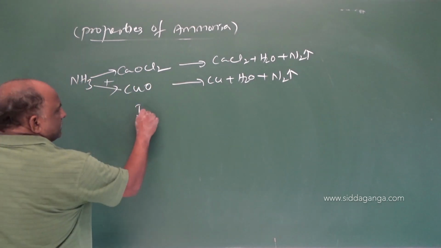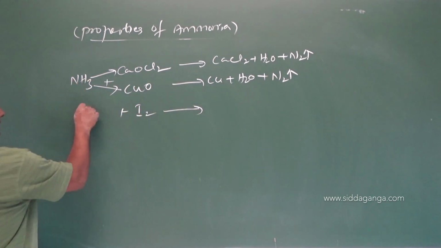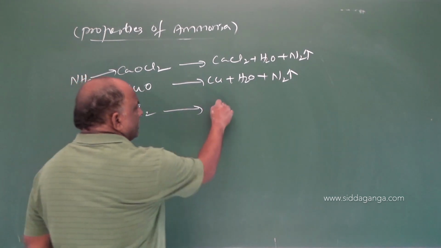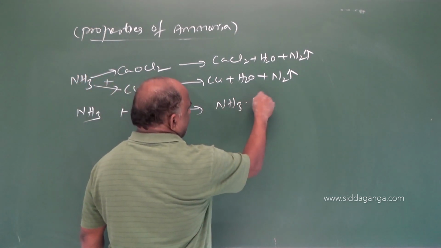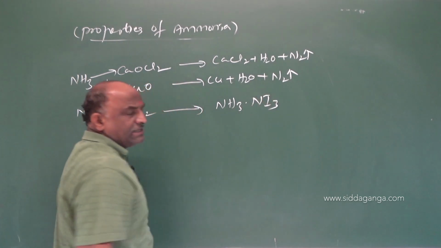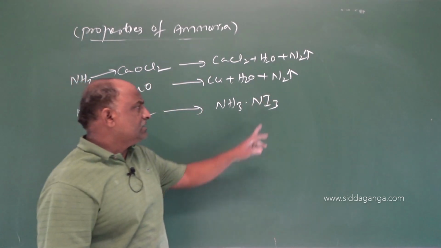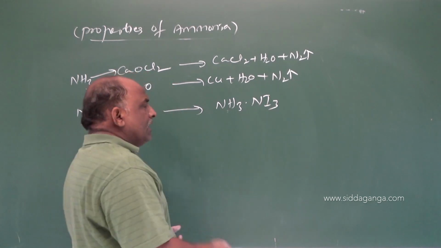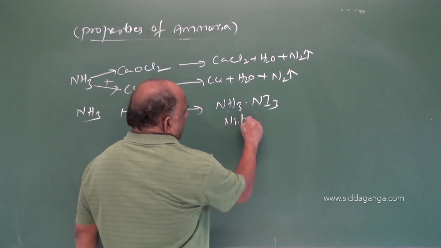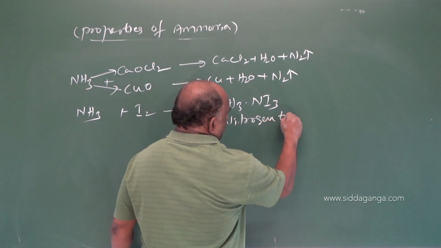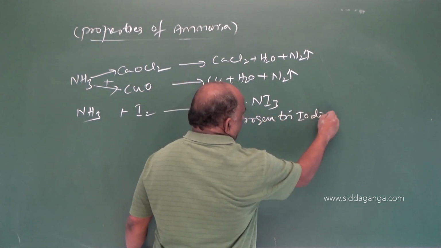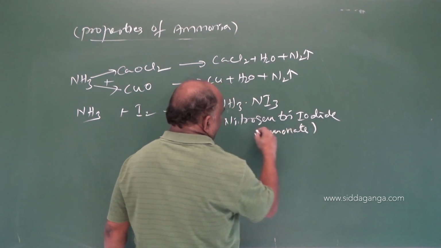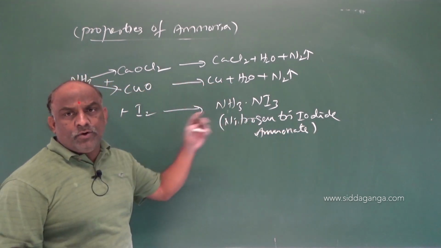Suppose iodine is there. Ammonia reacts with iodine, and we will get one complex compound, NH3NI3, which is called nitrogen triiodide ammonate.